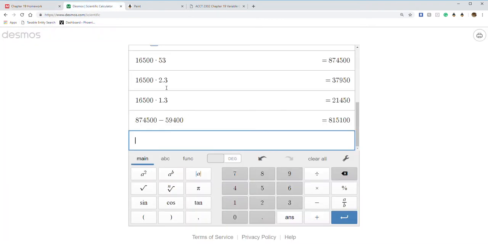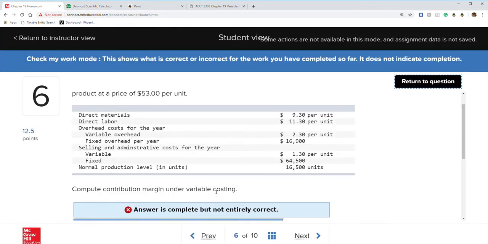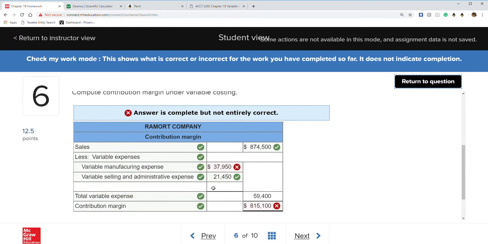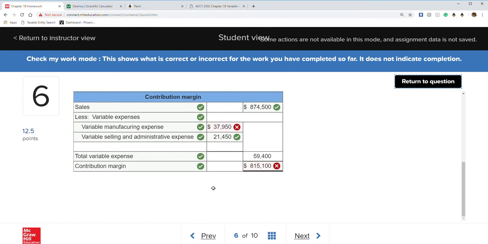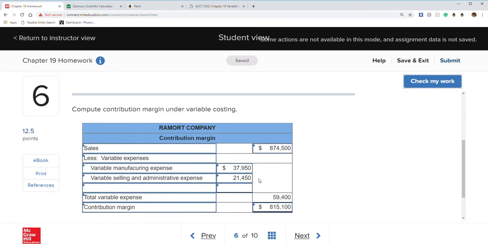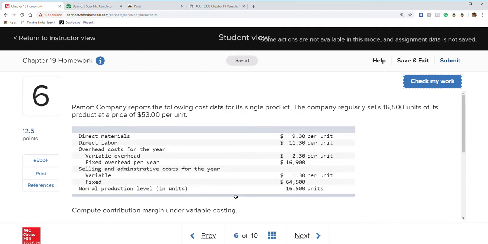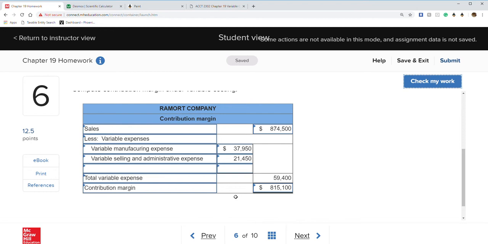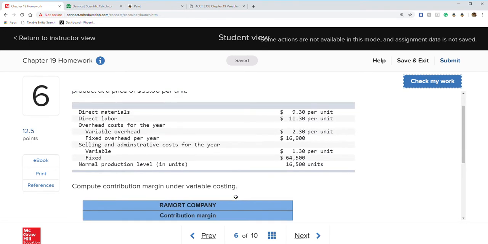We're dealing with 2.3 times 16,500, which still equals out to 37,950. What is going on there? Are we forgetting something?